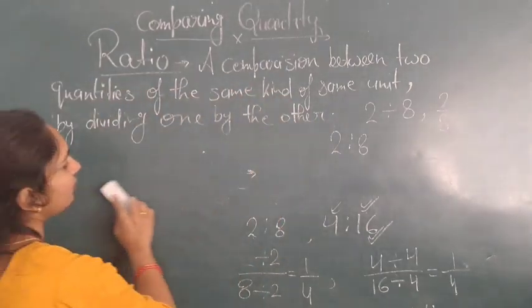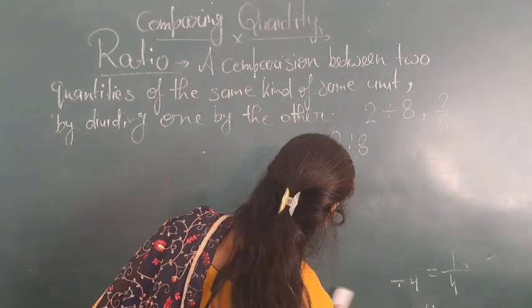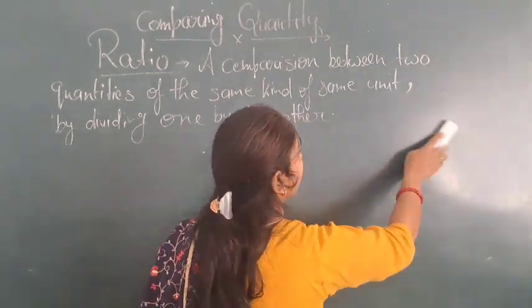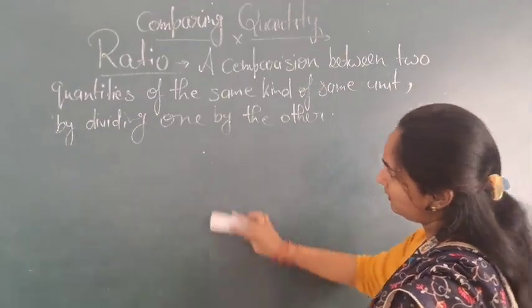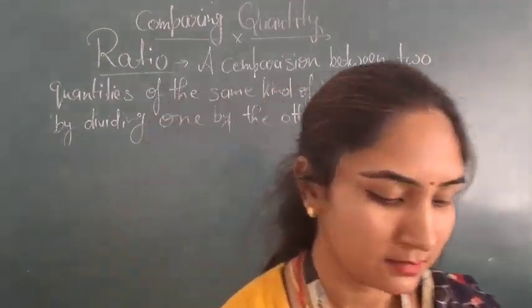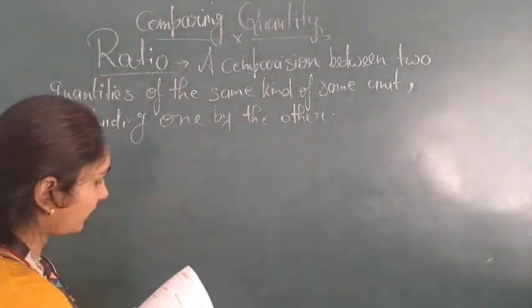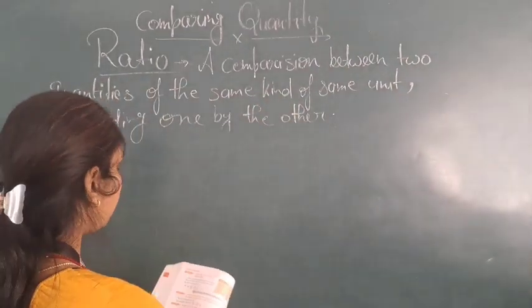Okay, now we will move to an example. Express the ratio 48:80 in the simplest form.